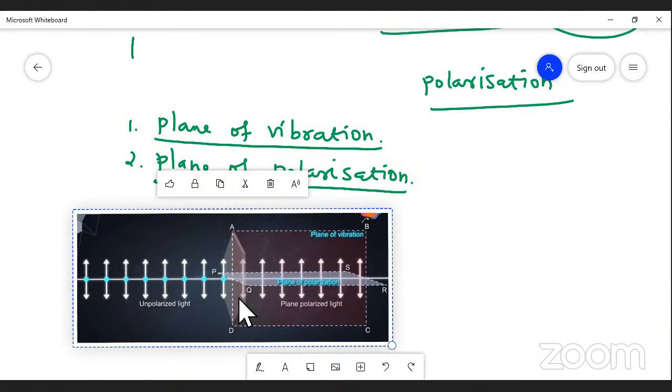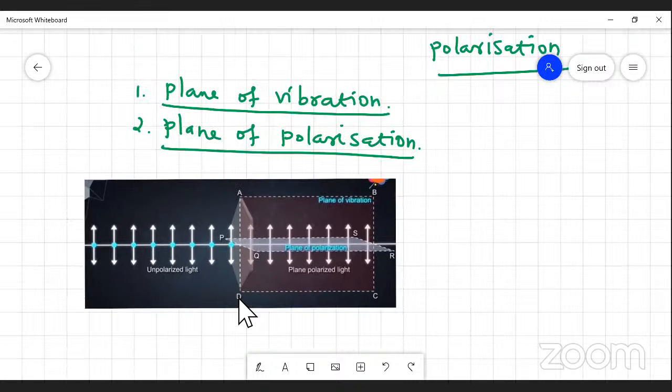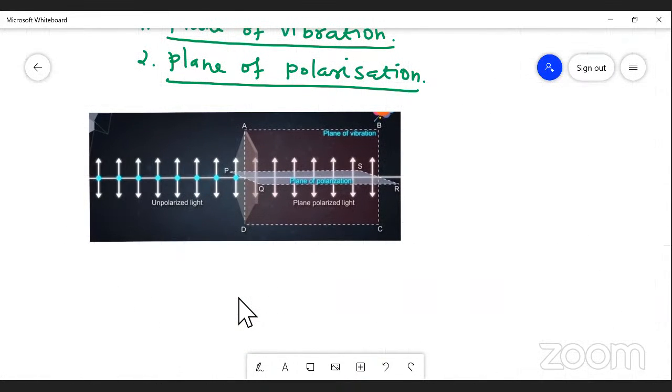Please see the diagram. Here, the plane ABCD is called the plane of vibration. So plane of vibration is nothing but a plane which is parallel to the optic axis of the crystal.